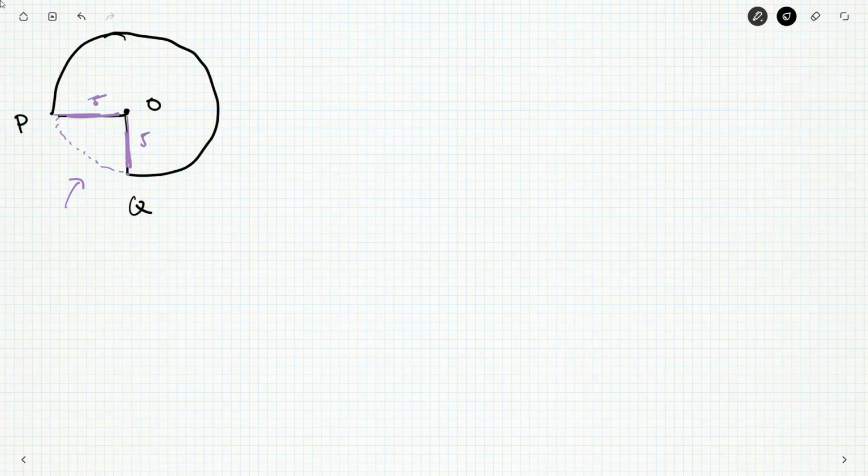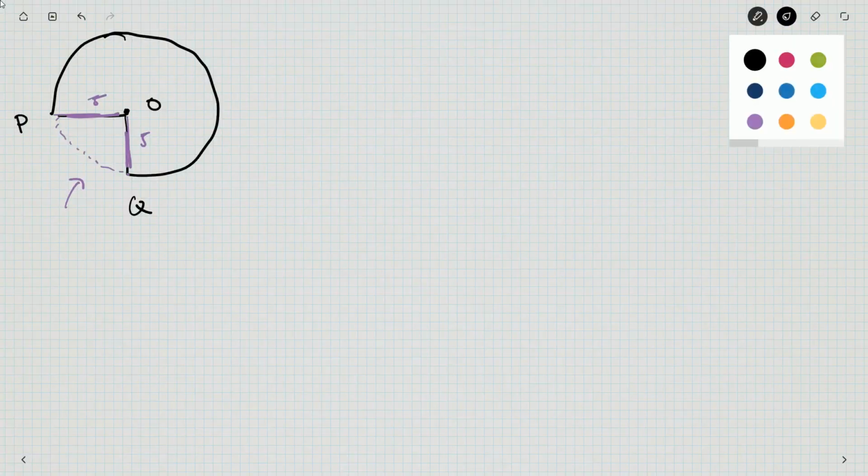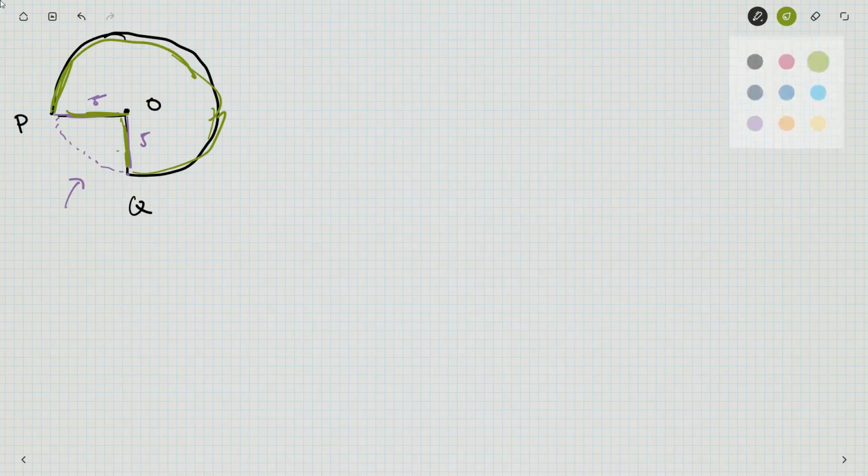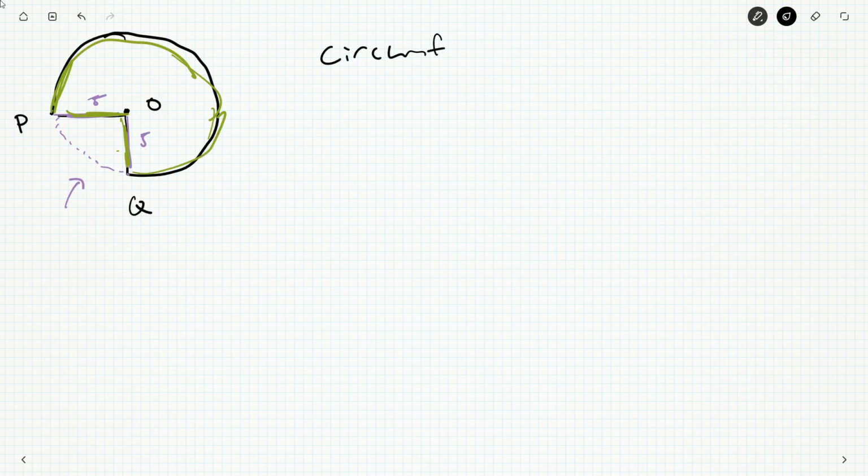Now, in either case, either you do the purple thing, or instead you could just figure out this whole green arc and add on the 2 radii. That's fine as well. But in either case, you're going to have to figure out, well, what's the perimeter or circumference of a slice of the circle.